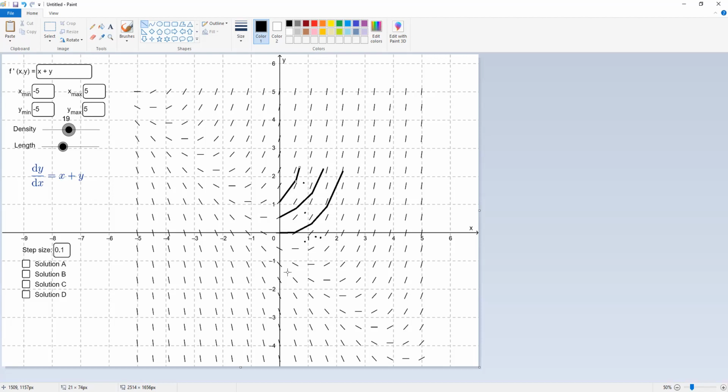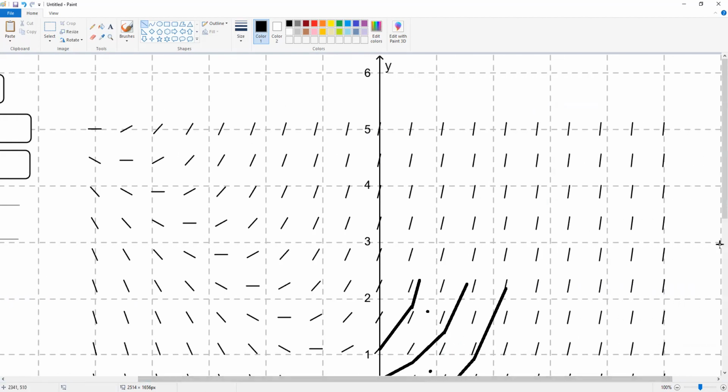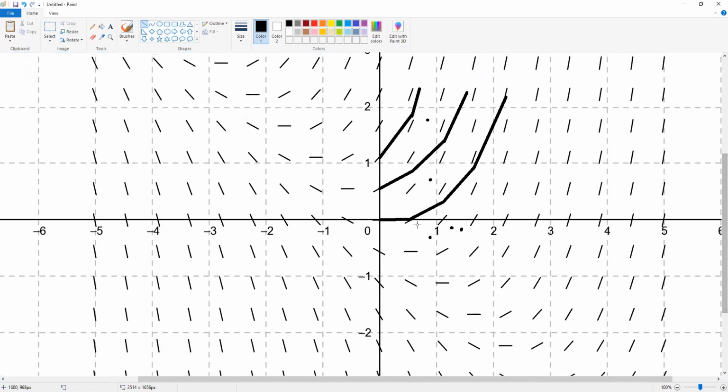Okay, so that's the basic idea behind Euler's method. Actually, maybe I should comment on that. One way to look at what we just did is you start here, you fit a line onto that slope until you get here, and then you fit a line onto that slope till you get here, and then a line onto that slope, and then a line onto that slope.